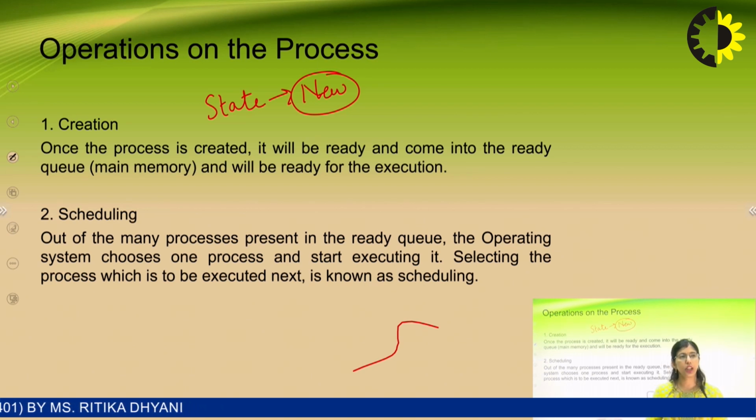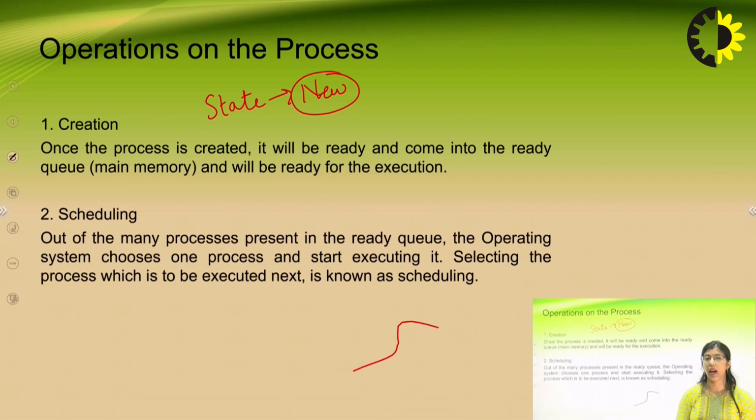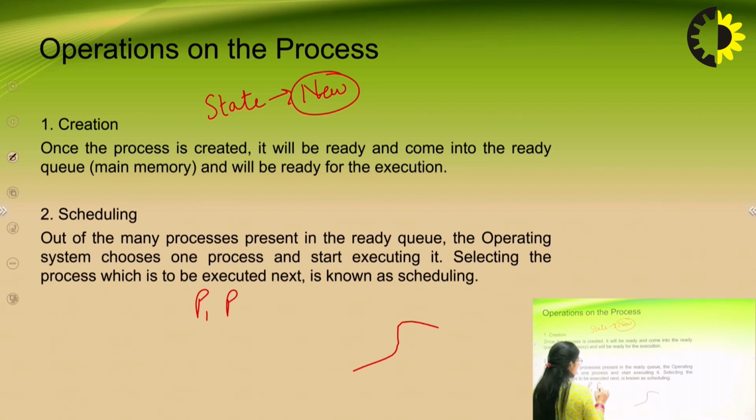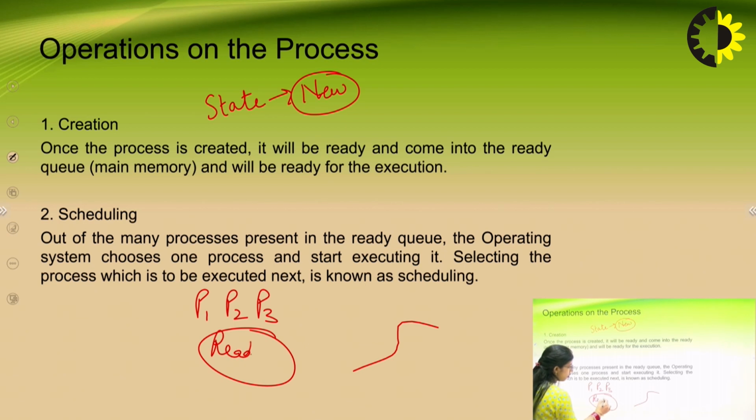Next is scheduling. Out of the many processes present in the ready queue, the operating system chooses one process and starts executing it. Selecting the process which is to be executed next is known as scheduling. We have multiple processes in the ready queue.